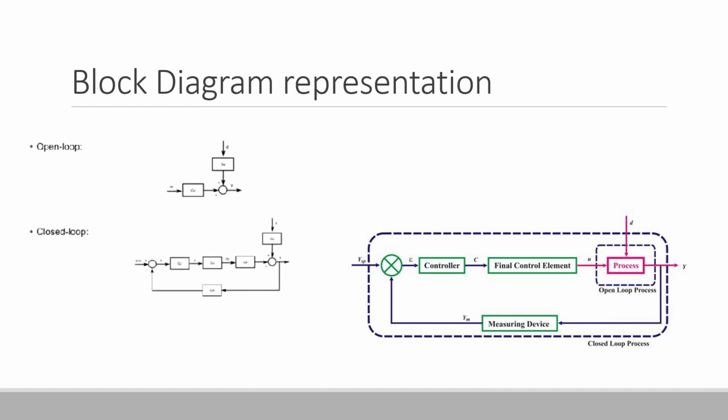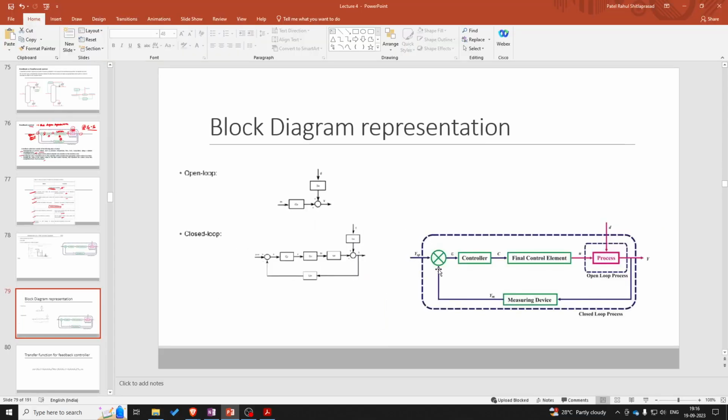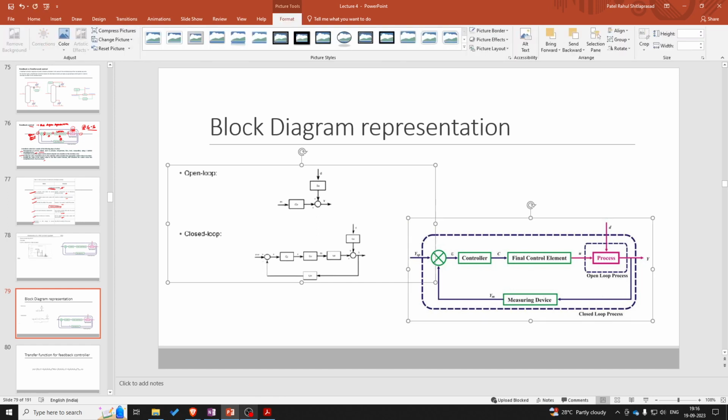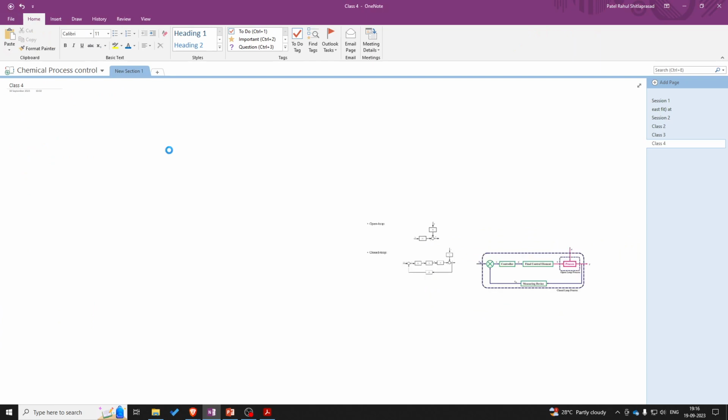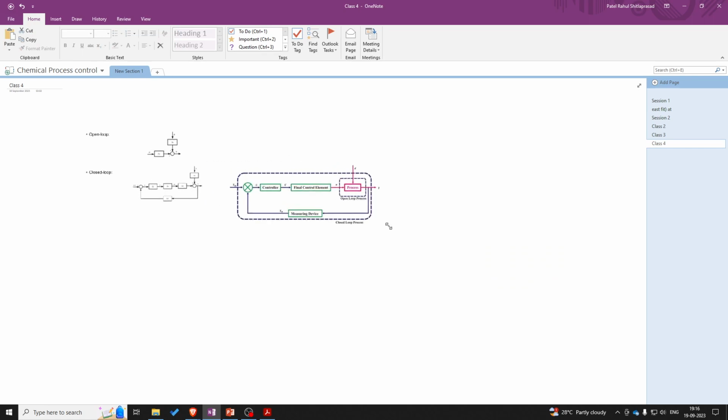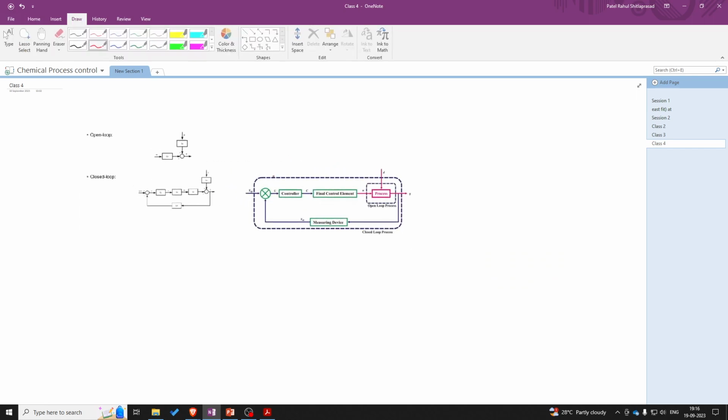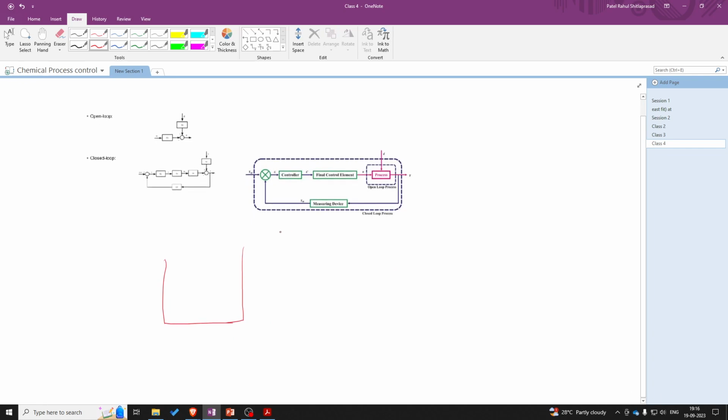Then we studied the block diagram representation. Let's take a physical example, again the example of level control. We have an input, and we have an output.